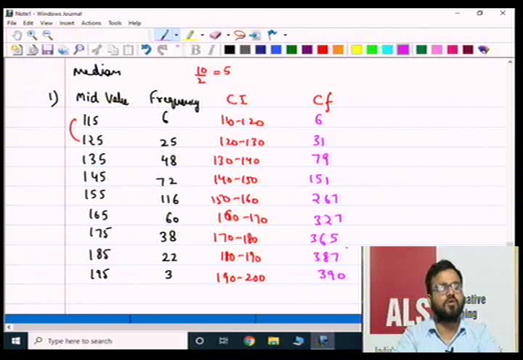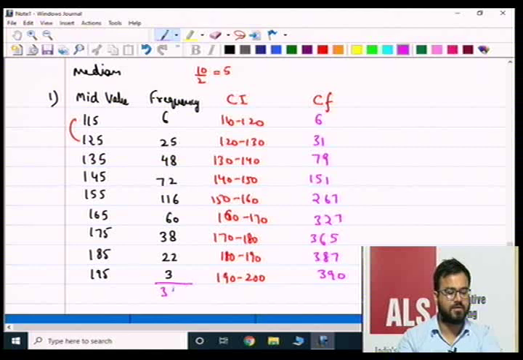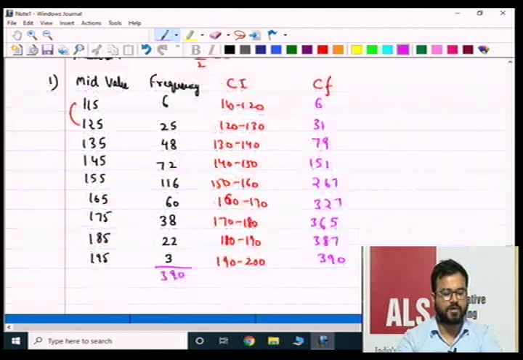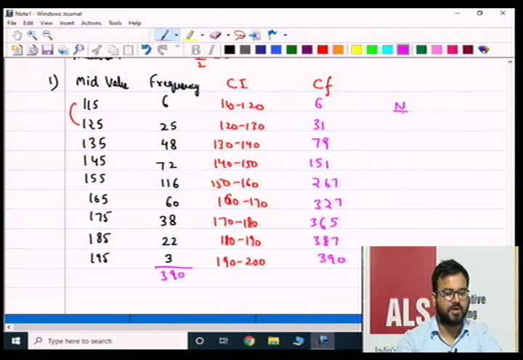So now we have all the cumulative frequencies. The total frequency is 390, so we have to take half of it. n by 2 is equal to 390 divided by 2, which is 195.